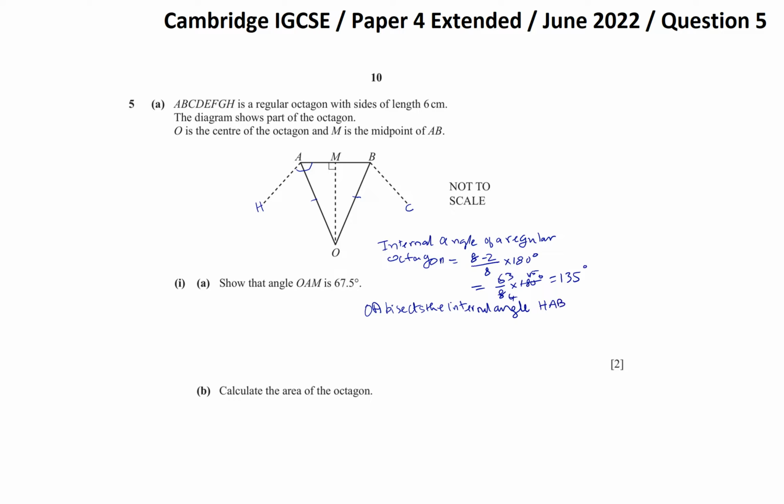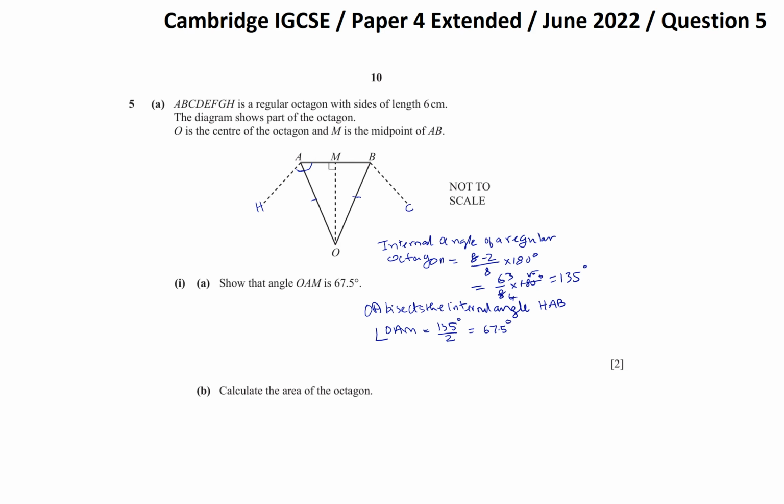Therefore angle OAM is equal to 135 divided by 2, that is equal to 67.5 degrees. So that's the first bit.